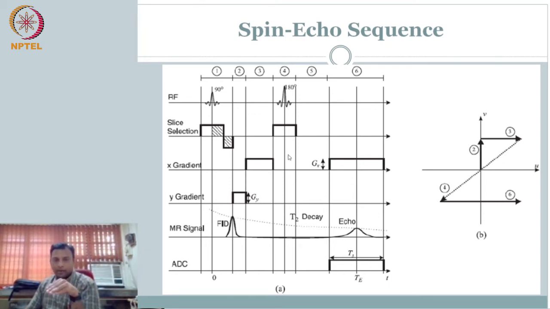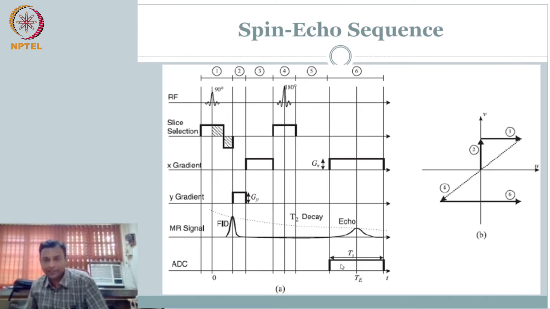Now, once I do that, it will take some time for the signal to regroup. It is dephasing. I apply excitation again, but I apply it so that it is a 180-degree shift. So when I do the 180-degree, it starts to regroup. After I apply this, there is some time it takes, and then the signal starts to form back an echo.